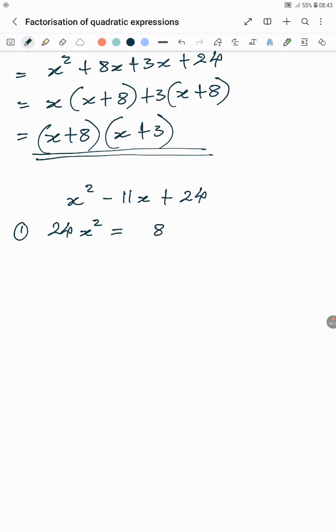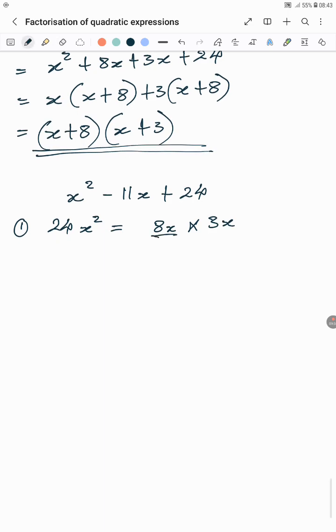You realize if you have 8 that is positive, and 3 that is positive, you are going to get a positive 24x squared. But now when you add them, they're going to give you a positive answer. But here our middle term is negative.